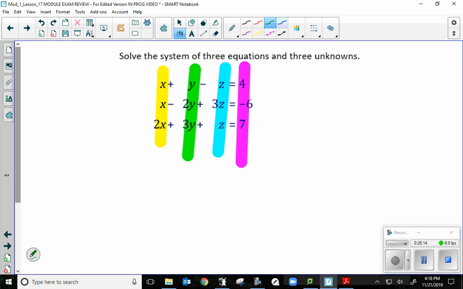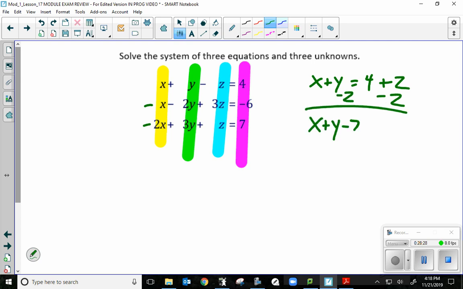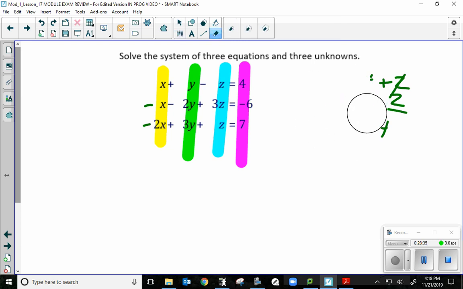Like this first equation, if I had x plus y equals 4 plus z, I would have to get the z over and put it after the y like my other two equations are. So I would have to subtract this and get it into the right form. It's already set like that.